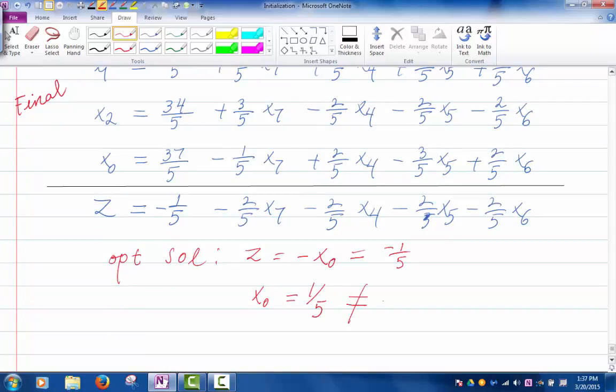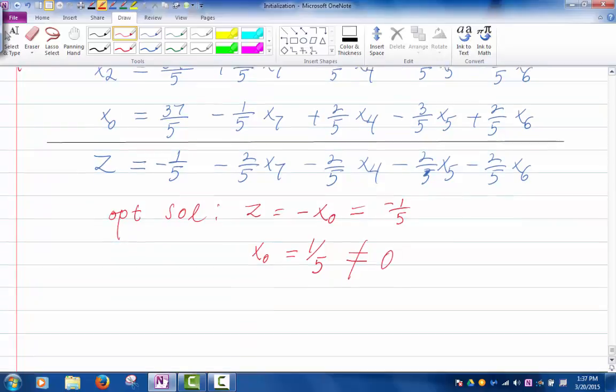Do I have to prove this is not 0? Well, if it is not 0, then what do we know? This dictionary is feasible, but the original is not feasible, right?